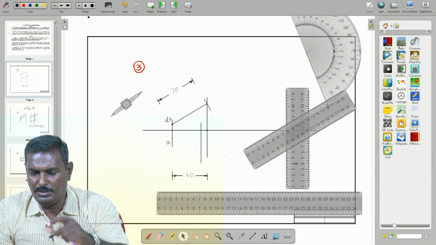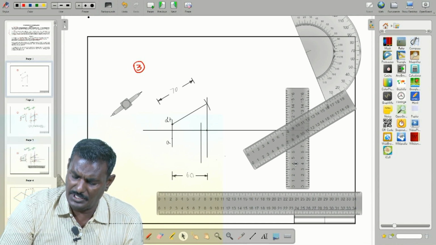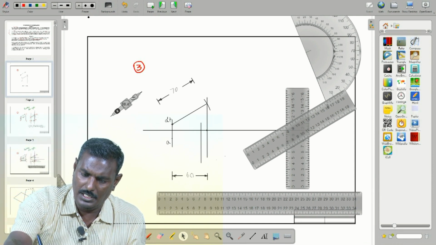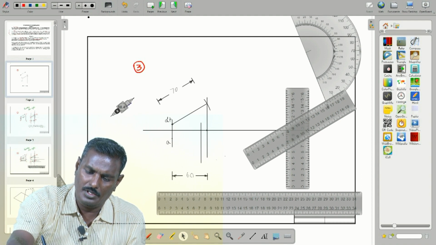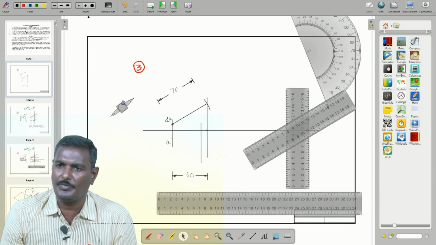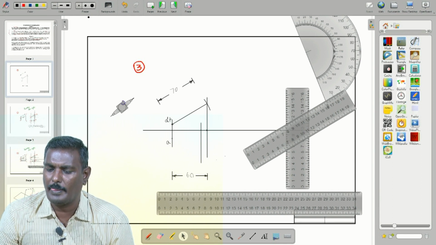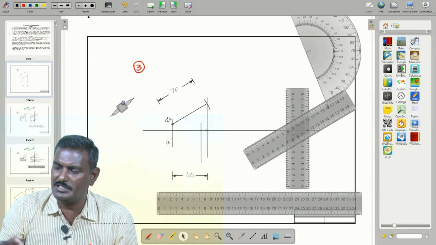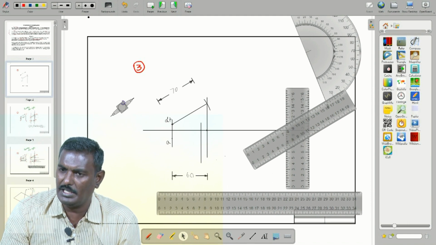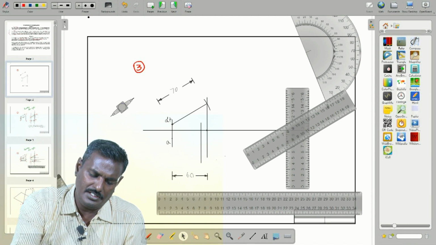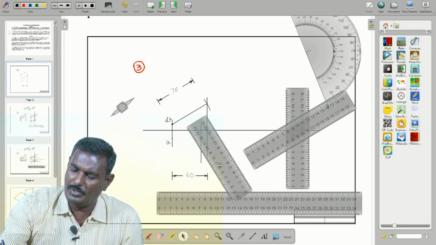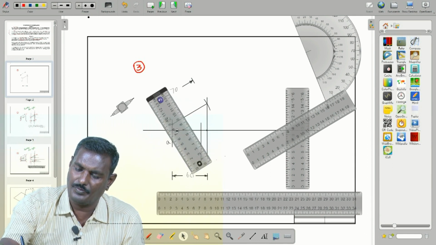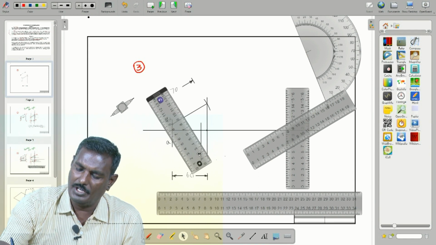But actually here on this compass, I am not sure whether it comes to 50 mm. It does not come to 50 mm, around 5.3. So we have to approximately rotate the scale from that point and fix where 50 mm intersects this.